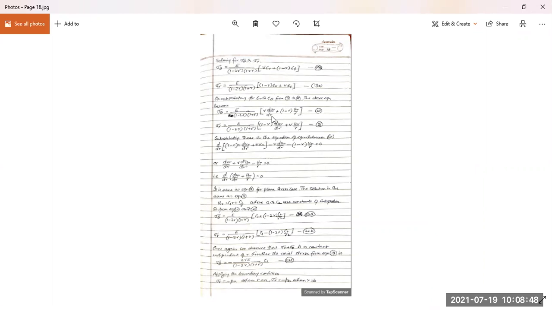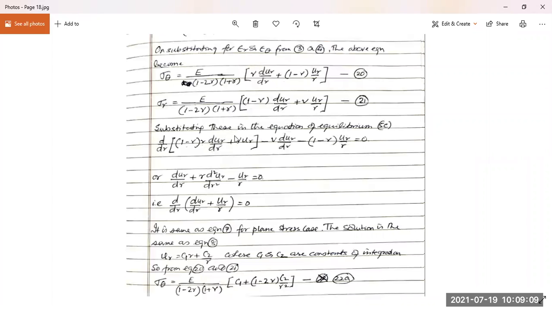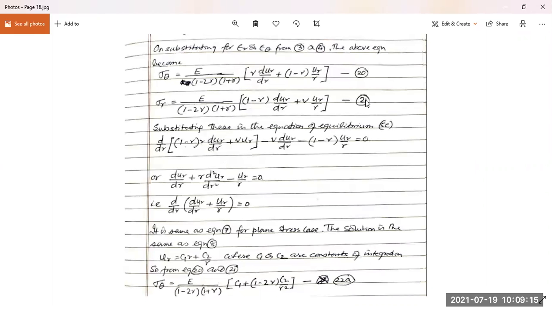Then from equation 20 and the equation here, if we put E1 in respective places, what will we have?